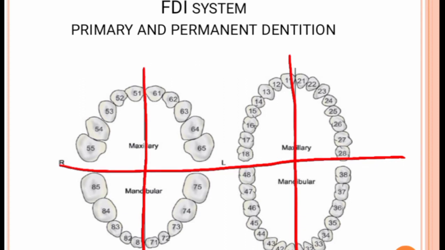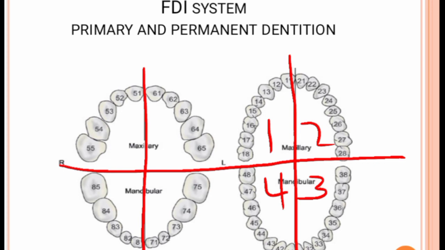Previously I told you that we name these quadrants 1, 2, 3, 4. For the permanent dentition, the maxillary right quadrant is the first, the maxillary left is the second, the mandibular left is the third, and the mandibular right is the fourth quadrant.